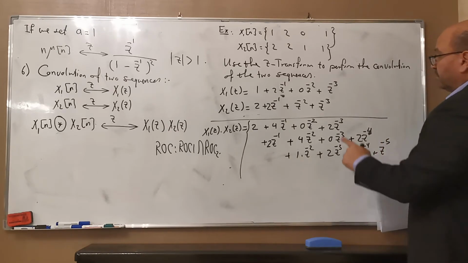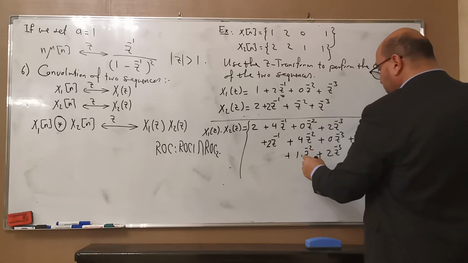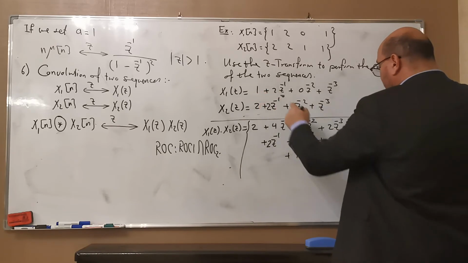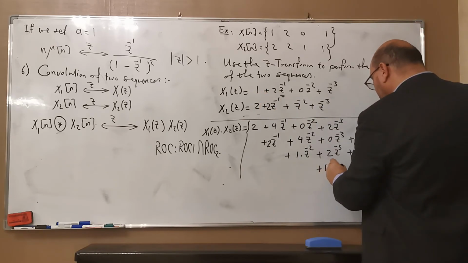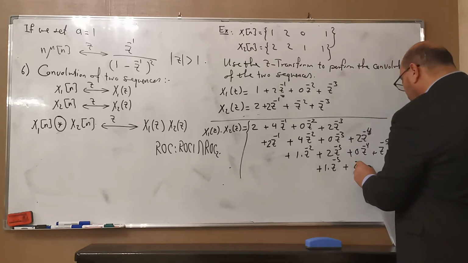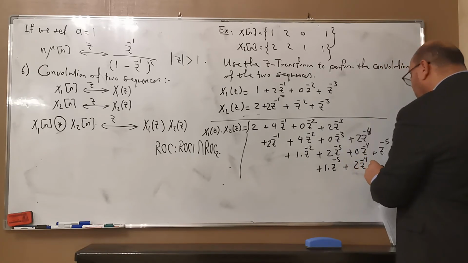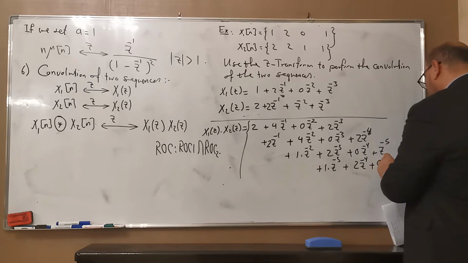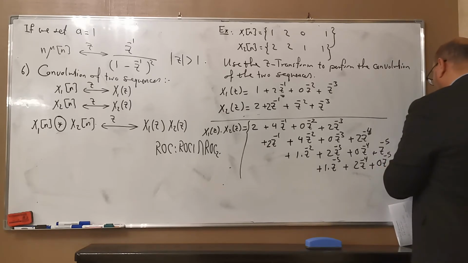And the last one is Z to the minus 3 times 1, it's plus 1 times Z to the minus 3 plus 2 Z to the minus 4 plus 0 Z to the minus 5 plus Z to the minus 6.